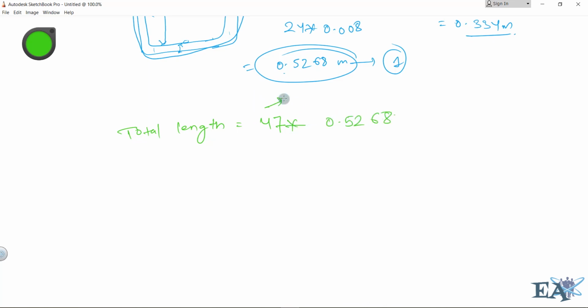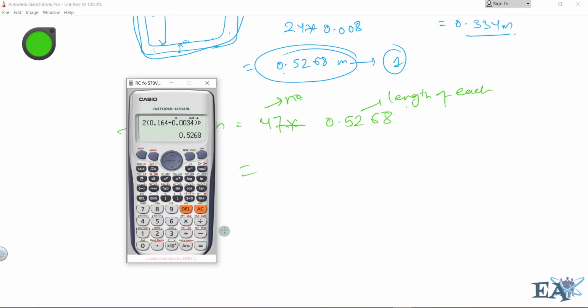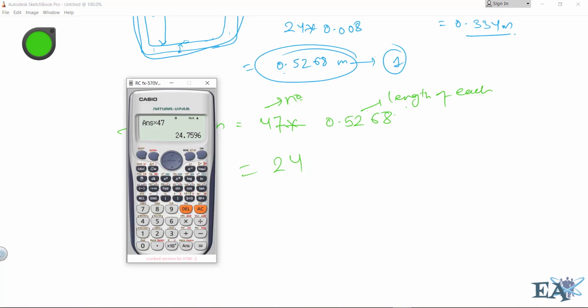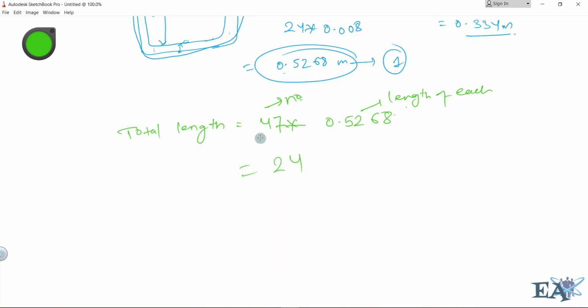So this is the number of stirrups, this is the length of each stirrup. So this is equal to 0.5268 into 47, equal to 24.76 meter.